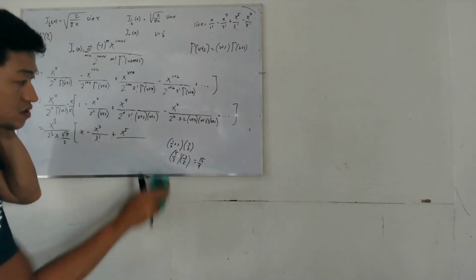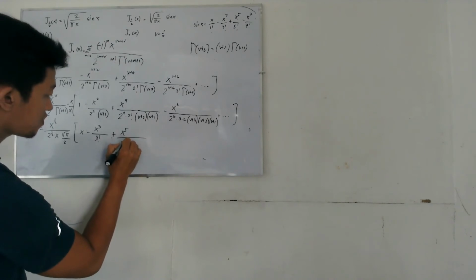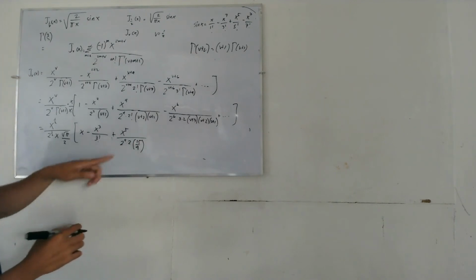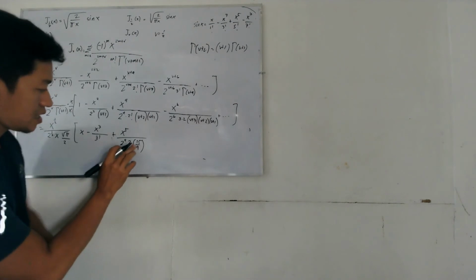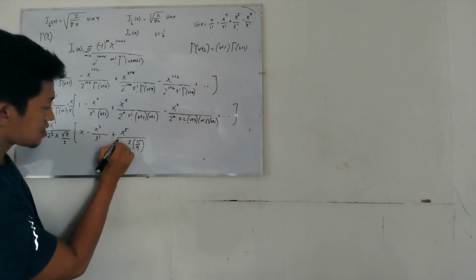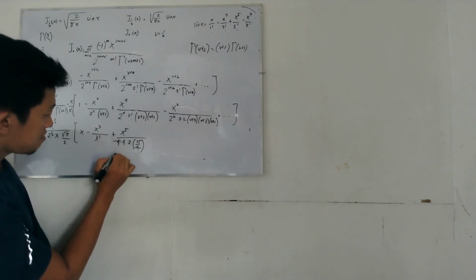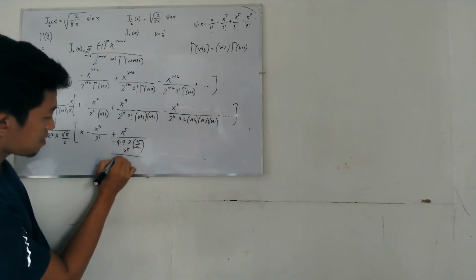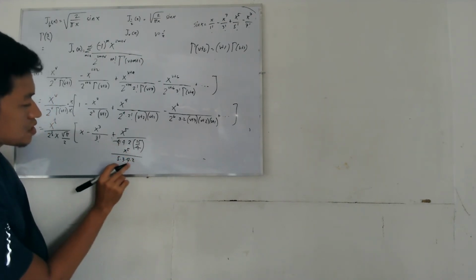Mahimo ning 2 to the 4 times 2, 15 over 4, but gusto nato ni mahimong 5 factorial. So mahimo ning ang 2 to the 4th is 4 times 4, cancel lang isa, mahimo na ning x to the 5. 15 is 5 times 3, 5 times 3 times 4 times 2, this is 5 factorial.